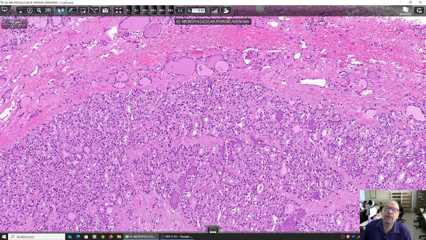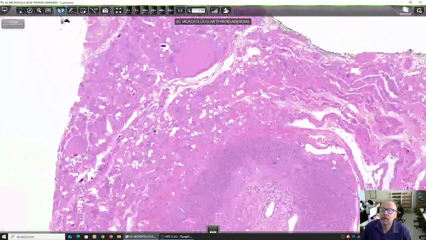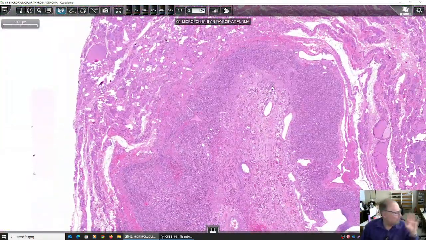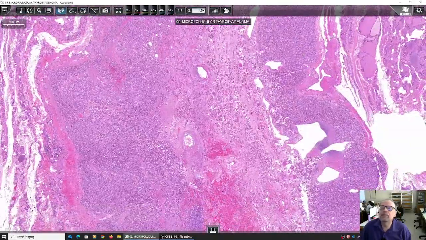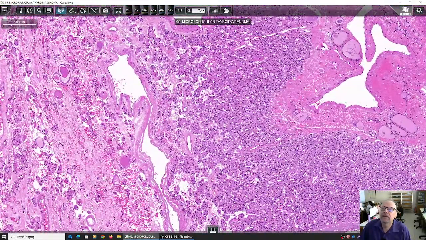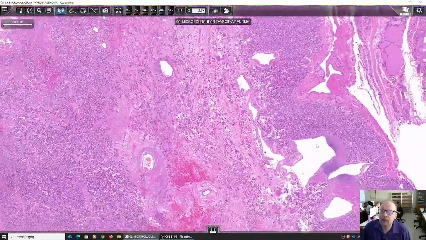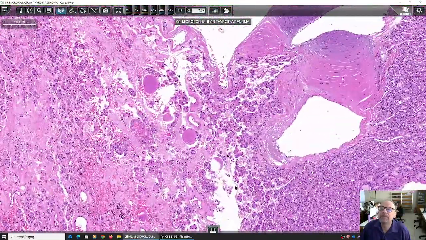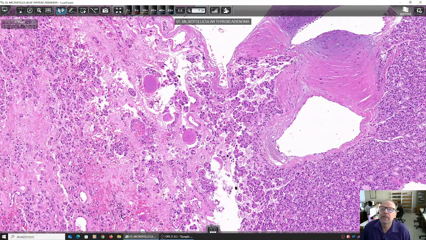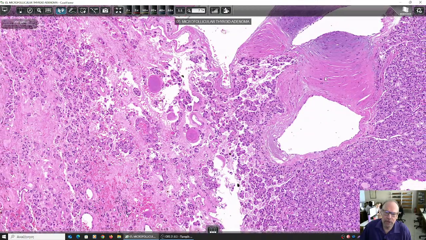This is just an area of hemorrhage. Now, we have a single lesion which has a fully developed thick capsule throughout the tumor, all around the tumor. And sometimes, always, there is fibrous tissue in the tumor.